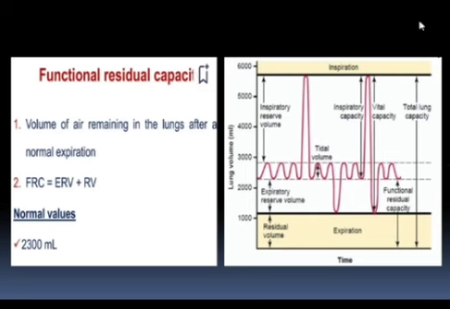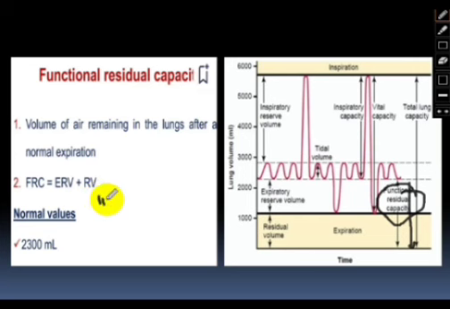Functional residual capacity is over here, and we say it's the sum of expiratory reserve volume and residual volume. So from here down to this point. What's the value for expiratory reserve volume? 1,100 plus residual volume is what?